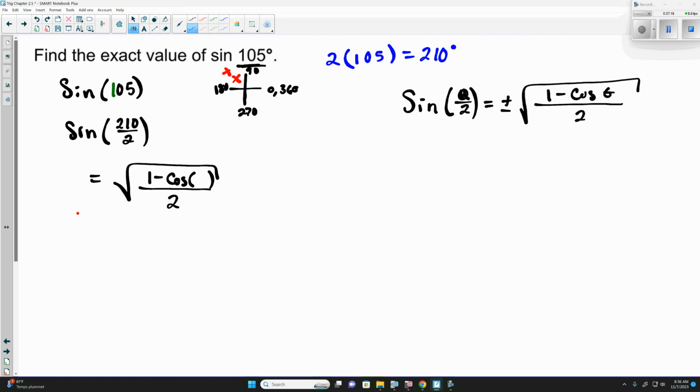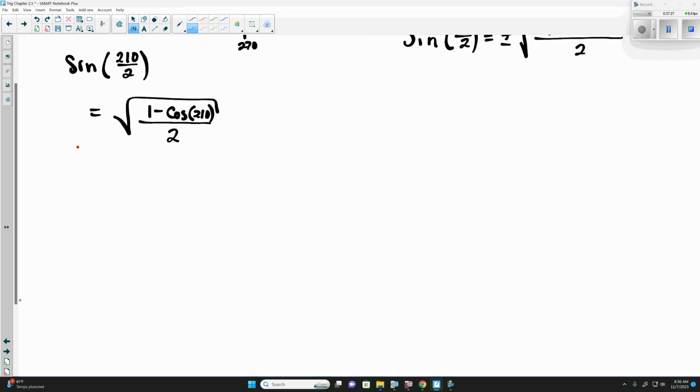Well, our theta value is 210 degrees. And again, they want us to find the exact value of this here. Well, cosine of 210 degrees, look at the unit circle, is negative square root 3 over 2.